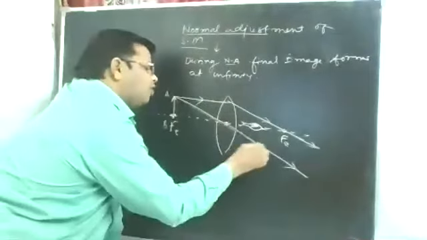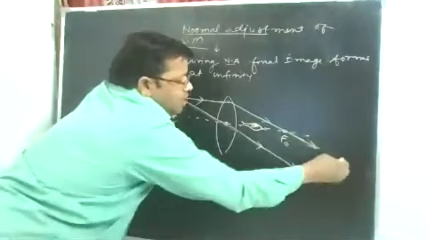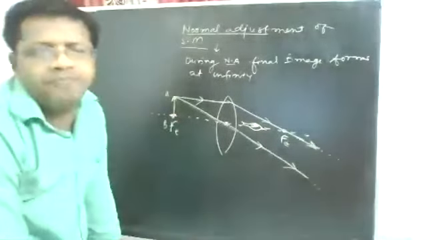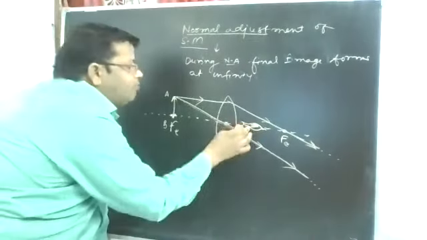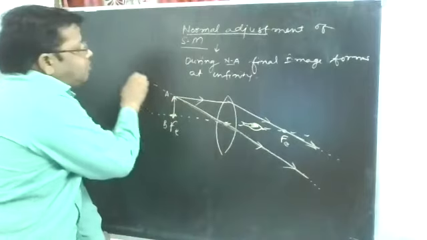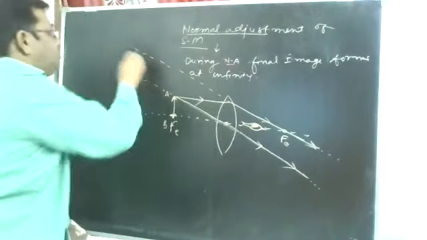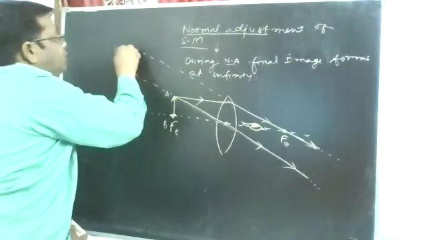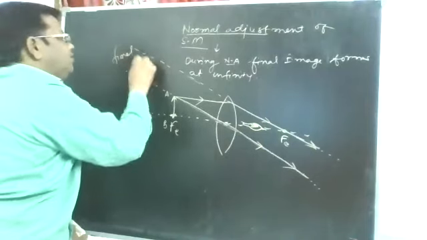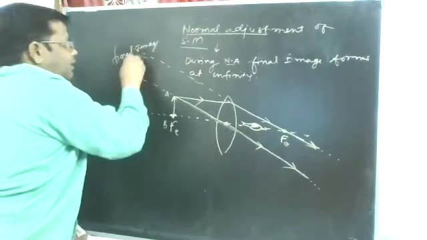Now what you are observing, these two refracted rays are going parallel. It means they will cut each other at infinity. When you observe this body from here, you will see the image of this body at infinity. Final image at infinity, because parallel lines cut at infinity.